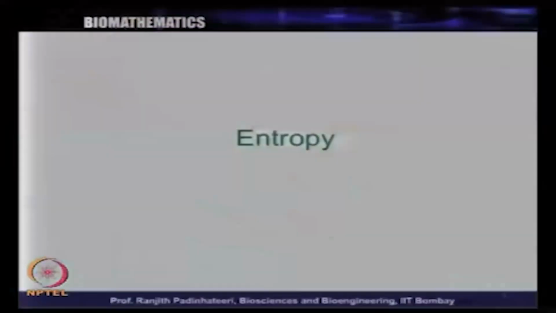Now, another term that we all have seen and which is not very clear to many of you is entropy. What is entropy? We will take a bit of time to discuss this in detail, and the mathematics associated with entropy, and how we calculate it. We know how to calculate energy.